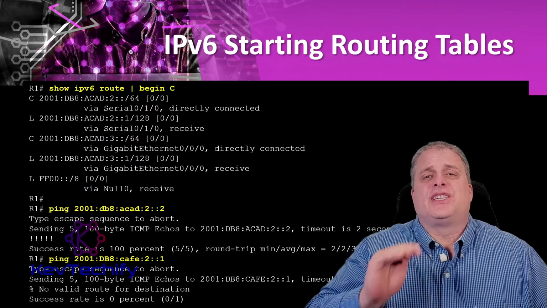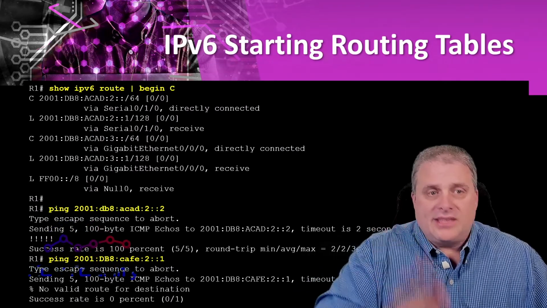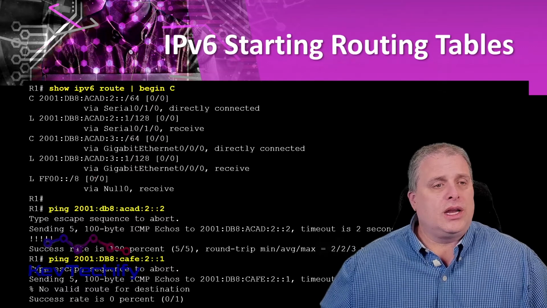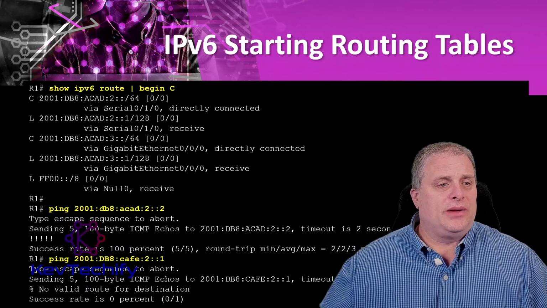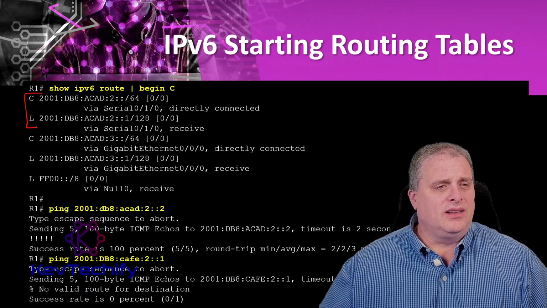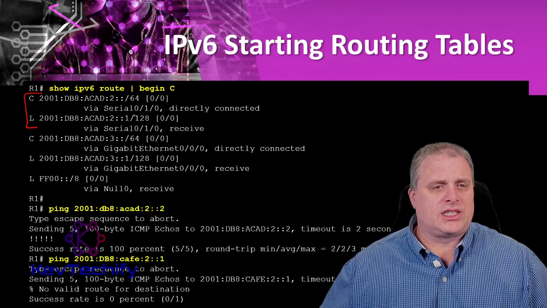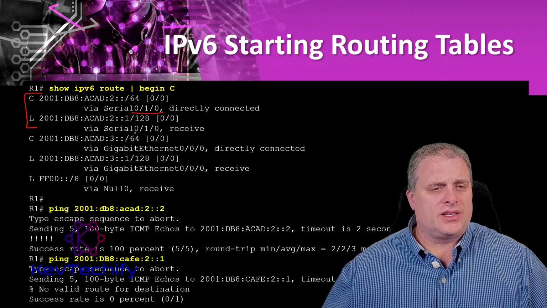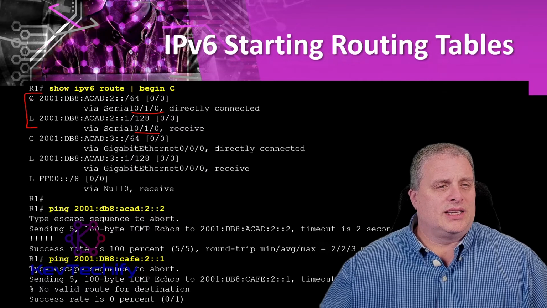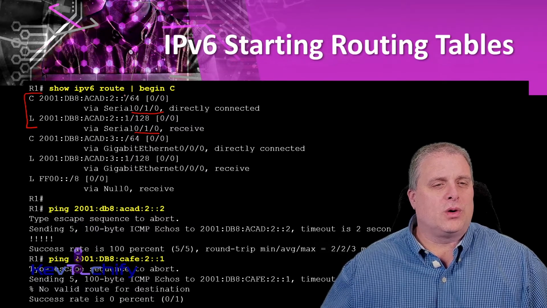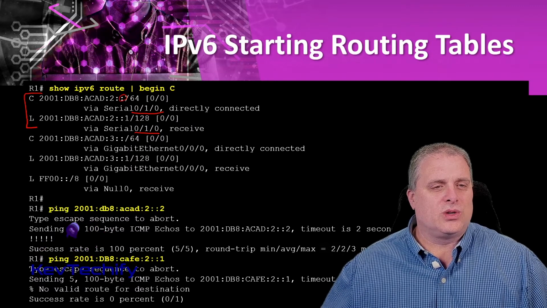The IP version 6 starting routing table is basically the same. We look here and we can see we have a C and an L. That's for our serial 0/1/0 interface. The C is for our directly connected network. Notice this network address, it ends in zeros here.